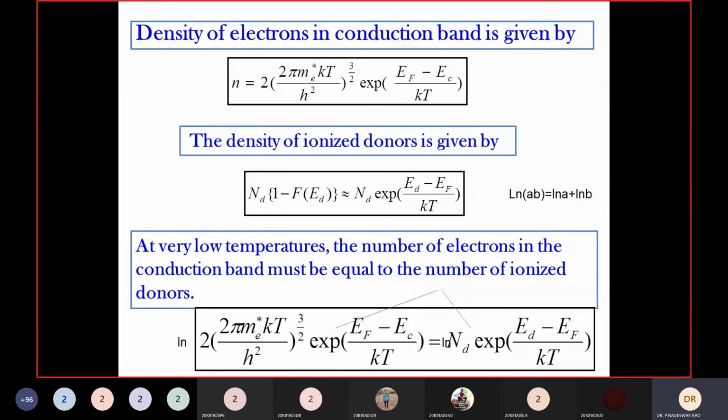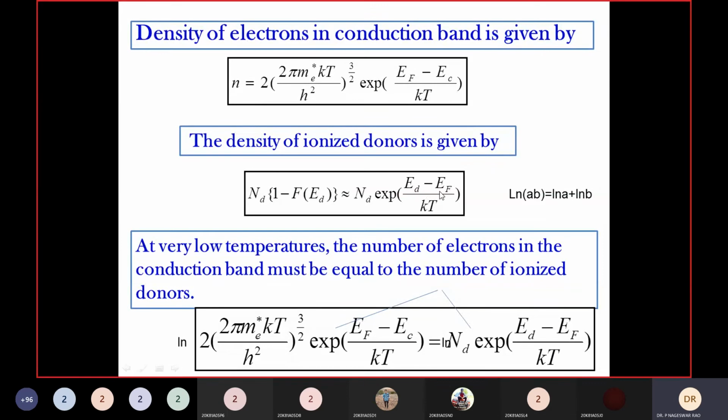So Nd into 1 minus f of Ed gives the density of ionized donors, that means the density of electrons in the conduction band. If you simplify it, that equals Nd into exponential of (Ed minus Ef) by kT.